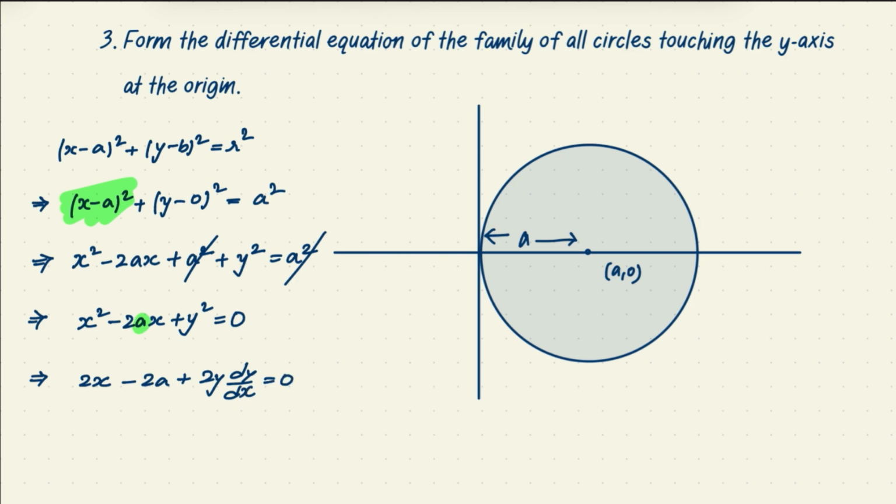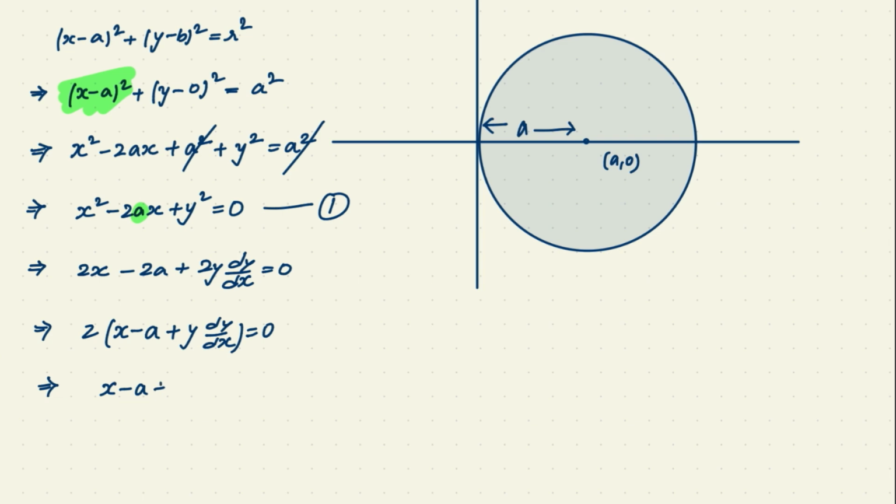Now since my aim is to get rid of a, let us suppose this as equation 1. Taking 2 common, we will have x - a + y dy/dx = 0. Dividing both sides by 2, we will have x - a + y dy/dx = 0.